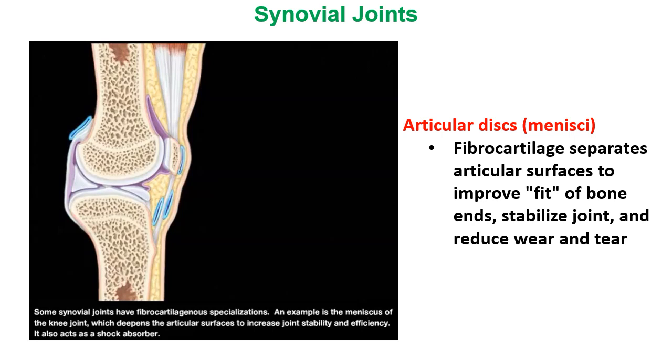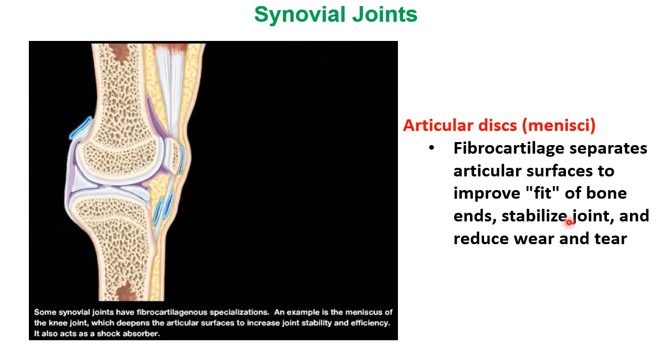Okay. All right, so besides that, when you look at certain big joints, you find these extra pieces of cartilage, and those are called articular discs. Another name for this is meniscus, or in plural, menisci. Those are fibrocartilages that are not connected to the hyaline cartilage here, and they're just stuck in the middle of these joints.